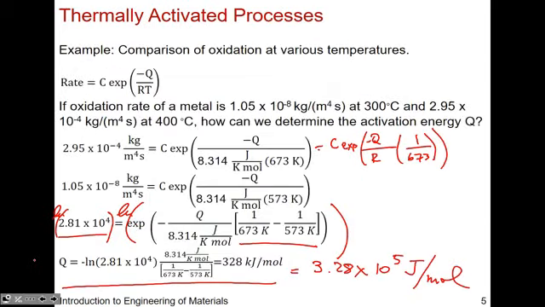And I also want to note that if you look at the rate, this one is at 300 C, and 2.95 times 10 to the minus 4 is at 400 C. So you could see that the difference of 100 degrees is not proportional. You could see that it's going from 10 to the -8 to 10 to the -4, right?